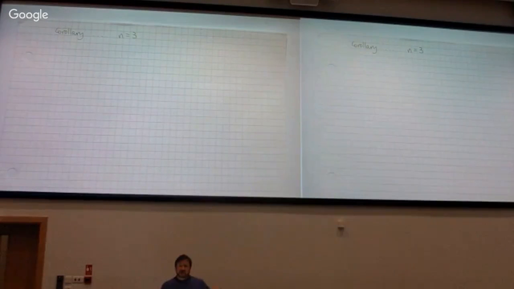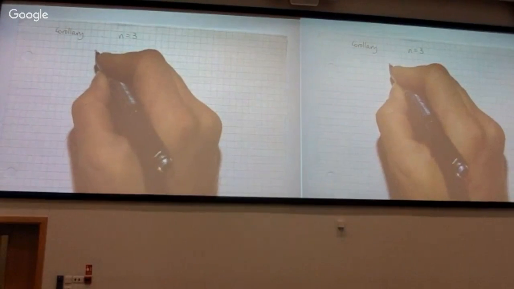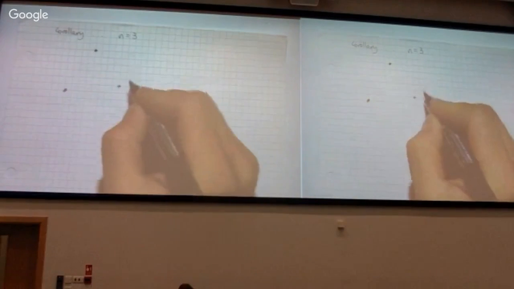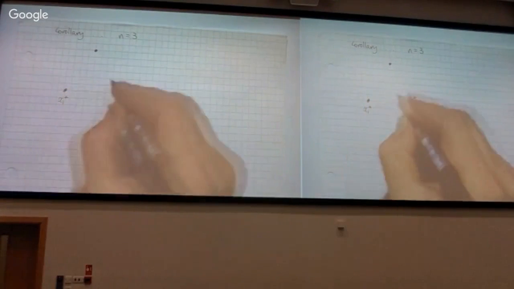Okay, I'll say that later. But if you have three, then for example what can happen is that you have three different solutions like this. So x1 star, x2 star.